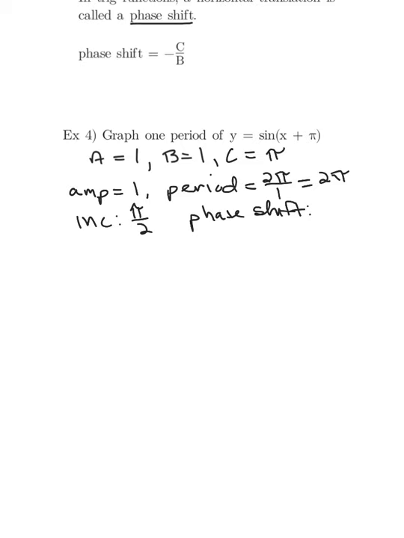We do the opposite of our C. So we're going to do negative C over B. So our phase shift is going to be negative pi. What that tells us is we're going to take our basic sine graph and move it left pi. What will be very helpful for you when you are doing a phase shift is to get a common denominator for phase shift and increments.